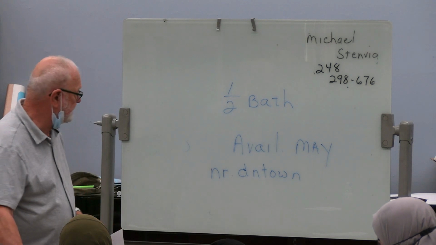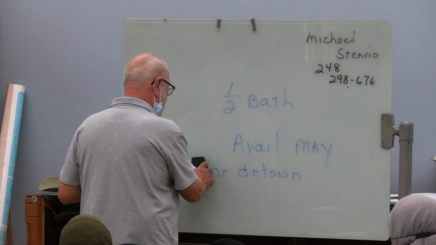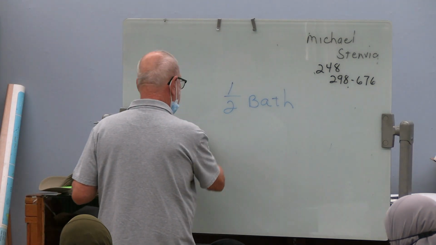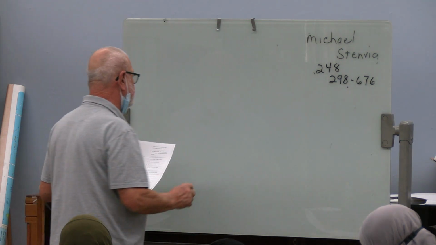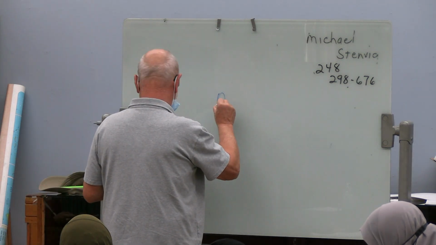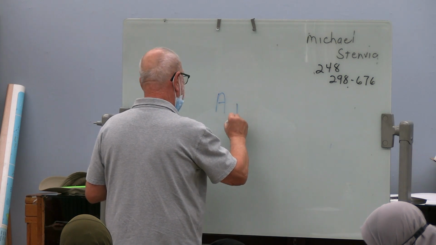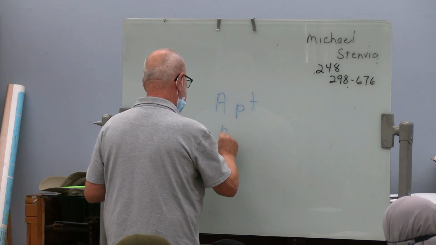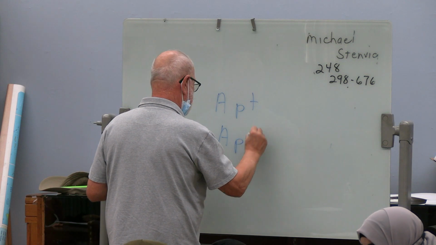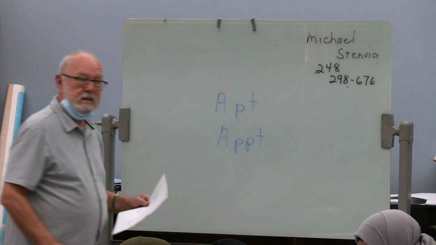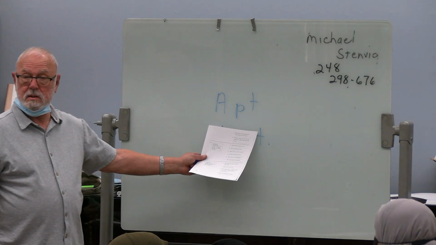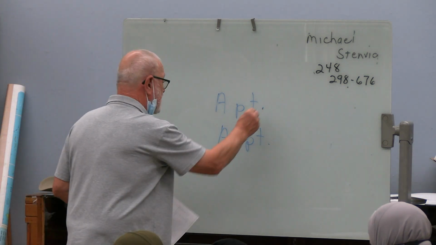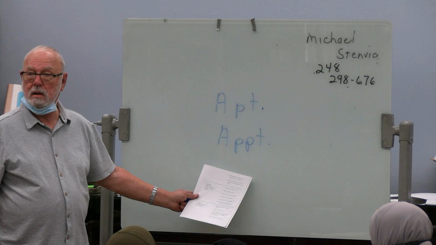One more, this last one, part E. It's easy to mistake these abbreviations. What's this? APT. Apartment. What's this one?